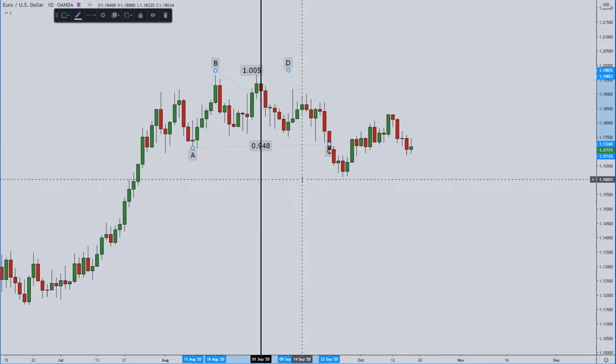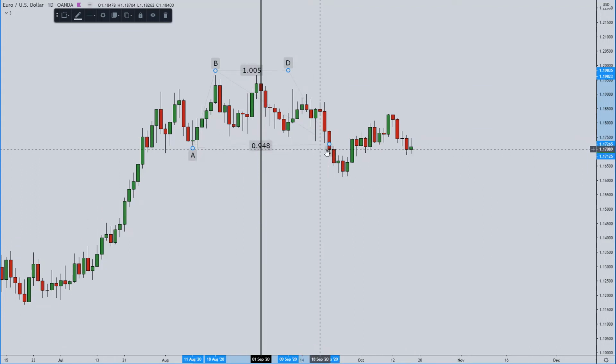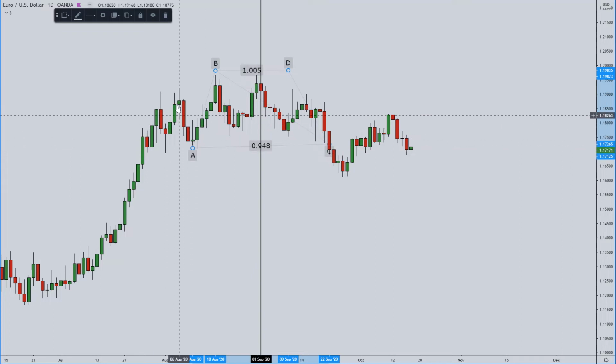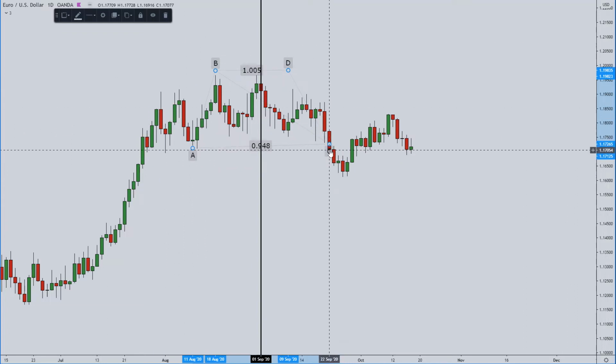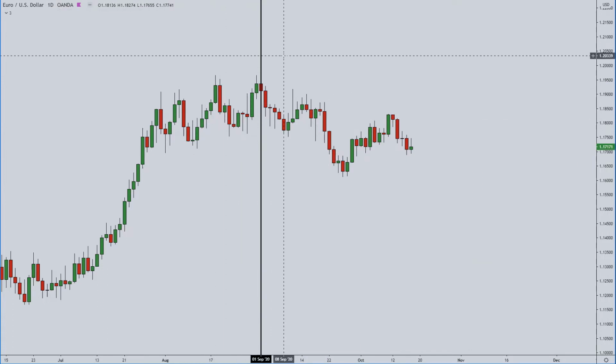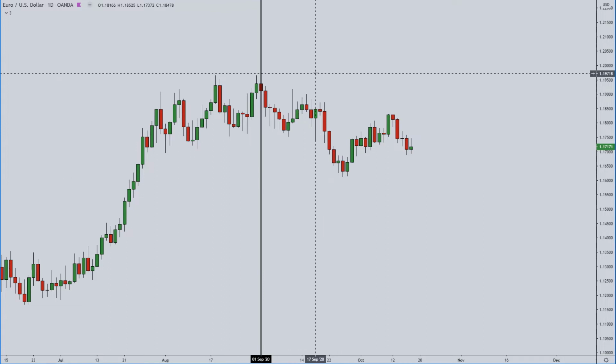Right? When C retraces back to A, it's no longer a retrace. It's a full reversal. And when the full reversal happens, there is no more up wave. If the D can't be reached, it's not an up wave. Instead, we must U-turn our wave.